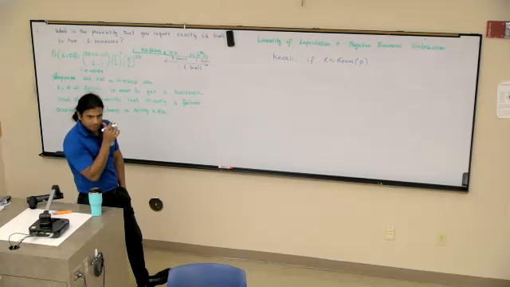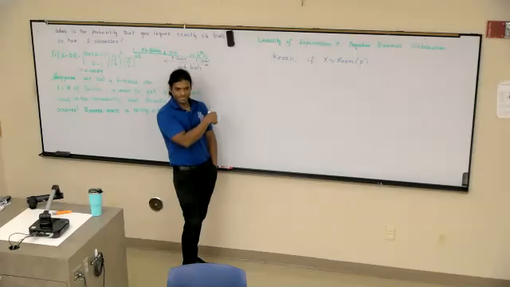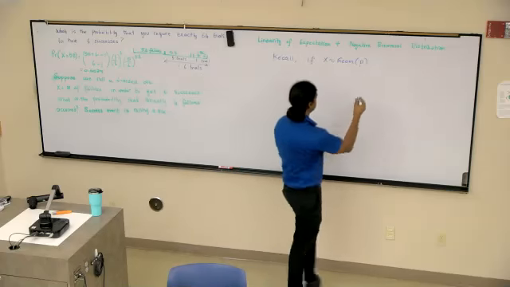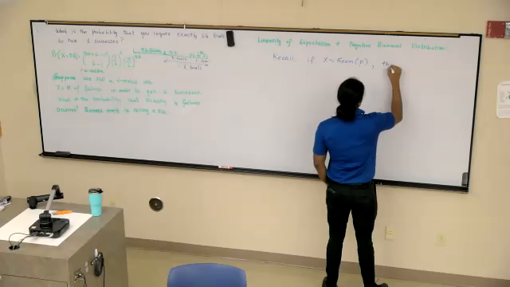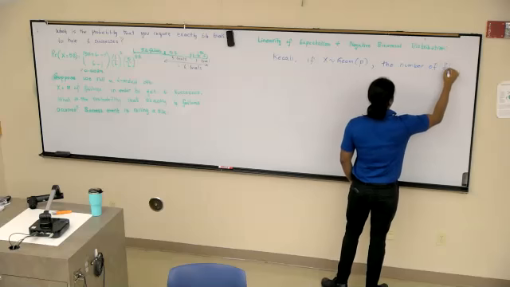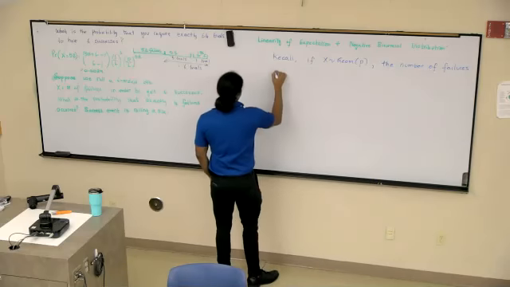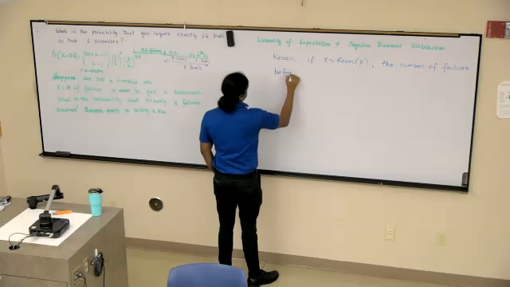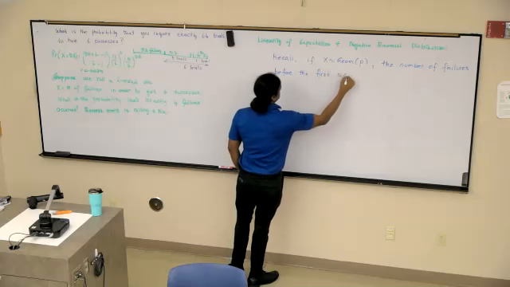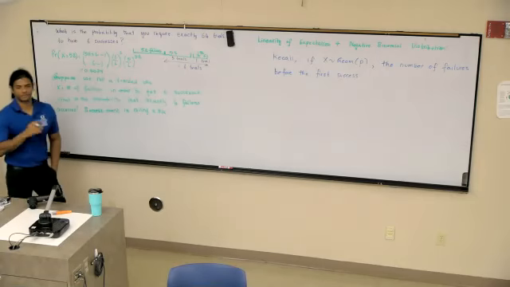It's, I guess, the number of failures before the first success. Right, the number of failures I need before the first success. That's how I define geometric. Good.